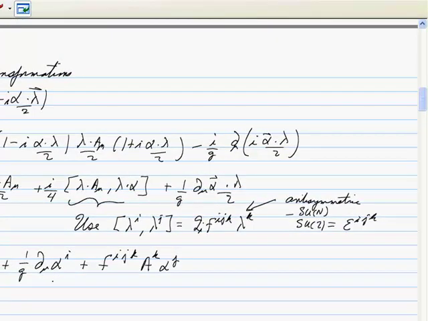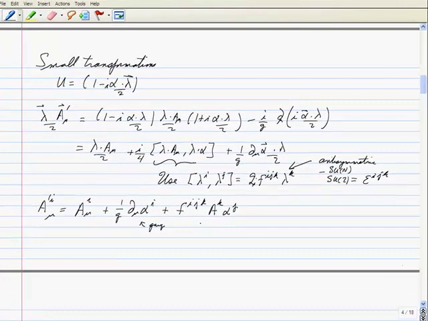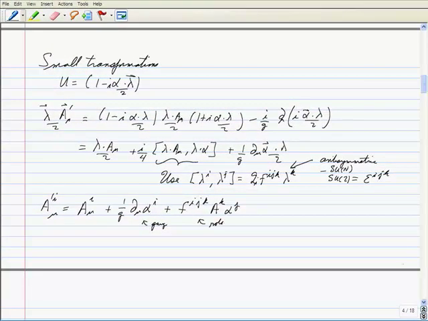So this is the gauge transformation part. This is the rotation part.